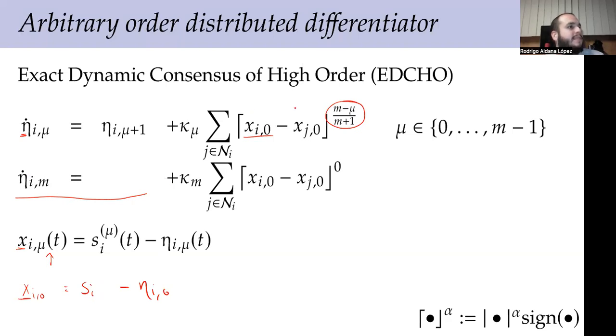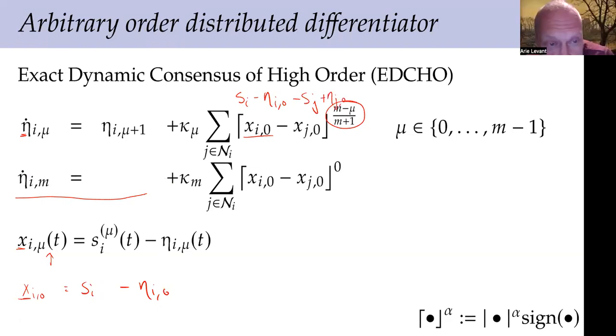So if you expand this, you have here xi0 going to Si. But exactly at the very end, I would say that you need Si measured, which means with noise, minus xj in the brackets.